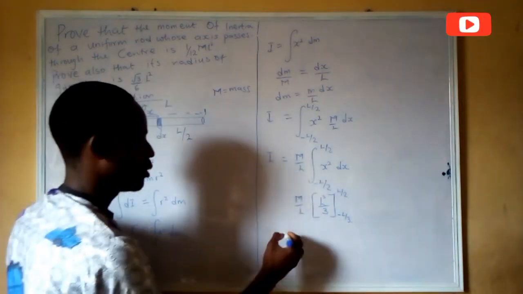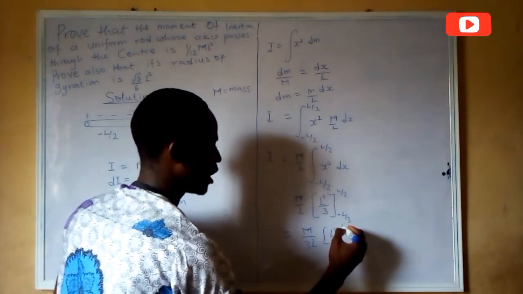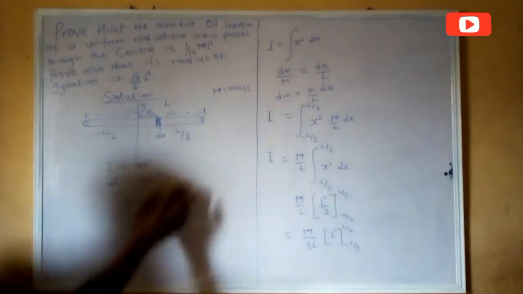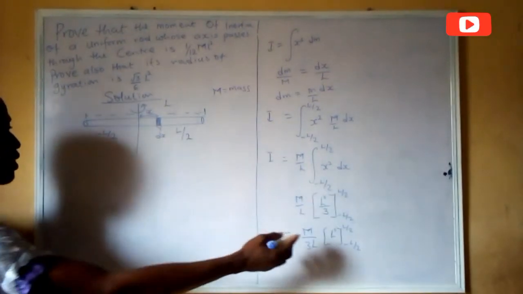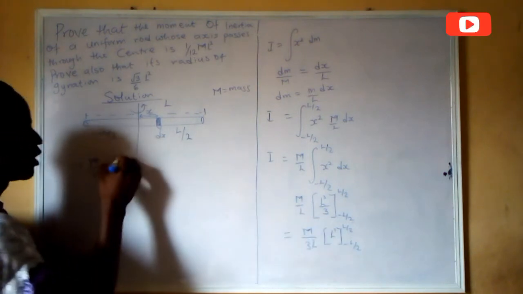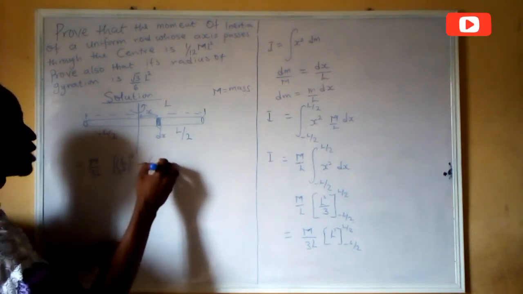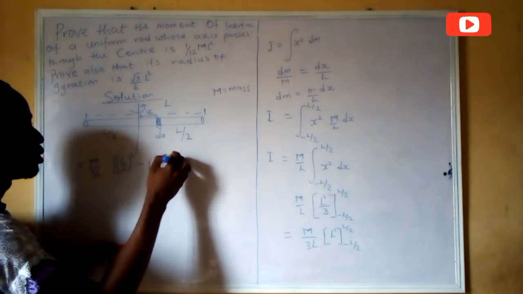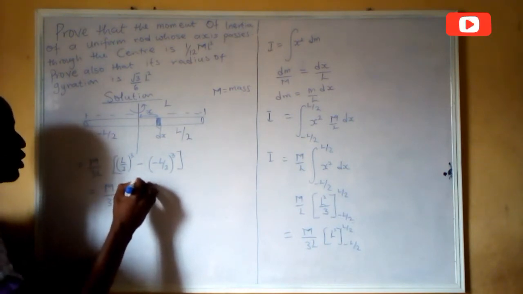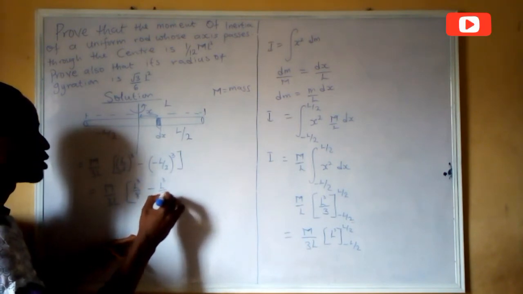Bringing out the 1 over 3 here, we have M over 3L times x cubed evaluated between the limits. So from there, I can substitute the limits. That gives us M over 3L into the bracket (L over 2) cubed minus (minus L over 2) cubed. And that gives us M over 3L into L cubed over 8, then also L cubed over 8.